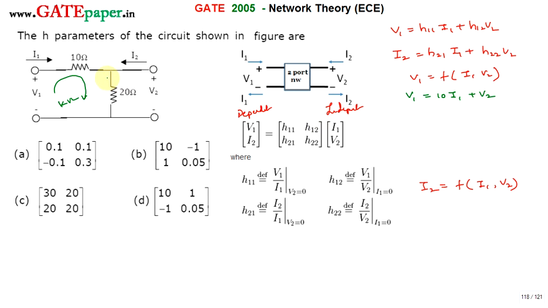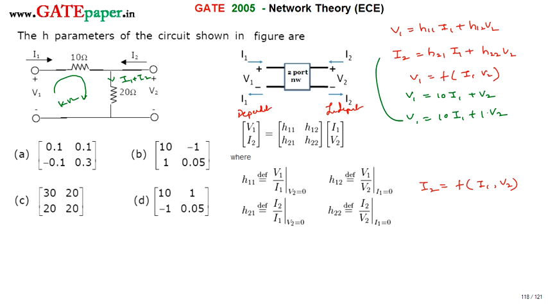The current flowing through the 20 ohm resistor is I1 plus I2, but I am not writing it that way, because I must express V1 in terms of I1 and V2. So the voltage across 20 ohms is nothing but V2. I am writing the voltage directly instead of in terms of currents. So V1 is the voltage drop across 10 ohms plus V2, that is 10 times I1 plus V2. This means V1 is equal to 10 I1 plus 1 into V2.